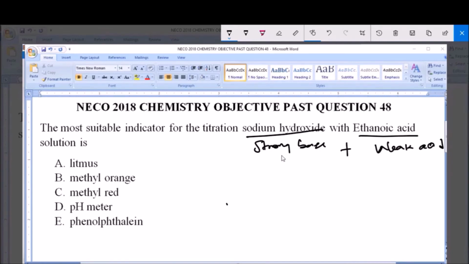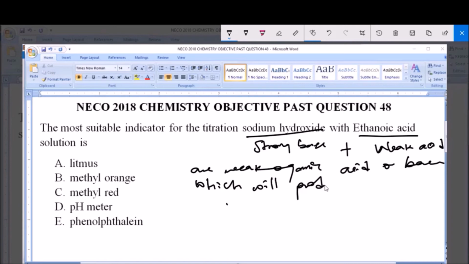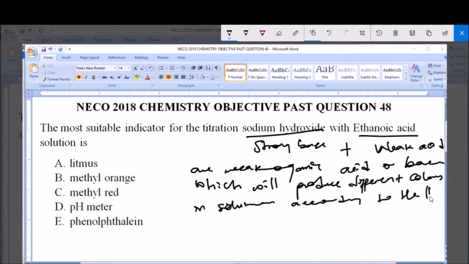Now let's briefly describe what indicators mean. Indicators are weak organic acids or bases which will produce different colors in solution according to the hydrogen ion concentration of the solution.